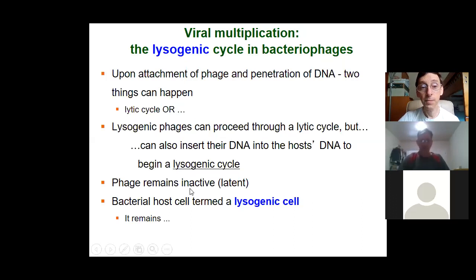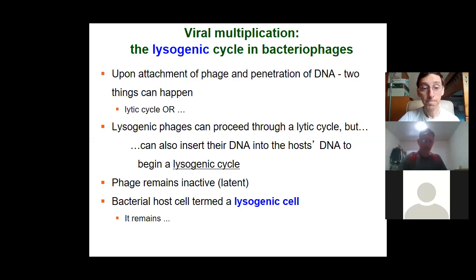The only time the virus replicates when it's inside the host cell's DNA is when the host cell itself replicates its DNA and then divides. And the bacteria and the host remain together in symbiosis in the lysogenic life cycle.